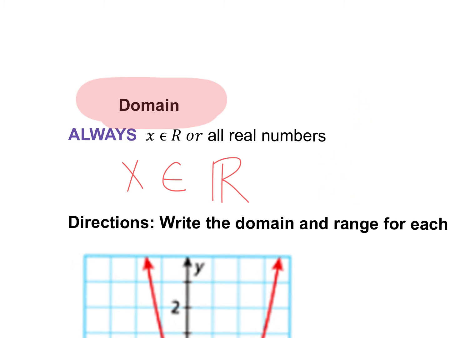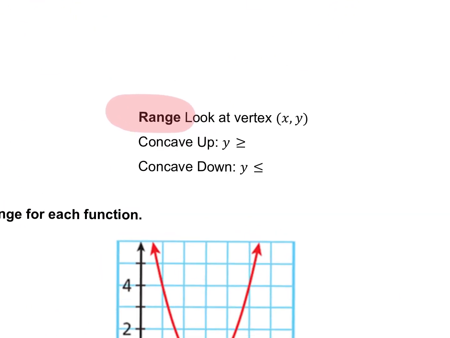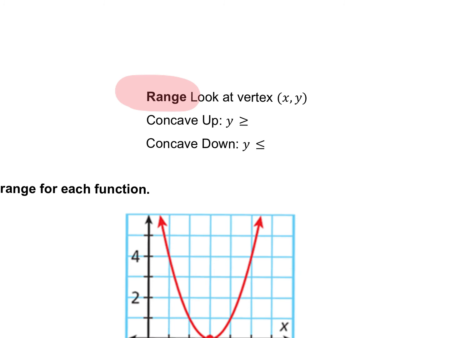But this is always how you're going to write your domain. X, this weird E. You're just going to do it like a C and then draw a line through it. Okay, that was our domain. For our range, we are going to look at our vertex.